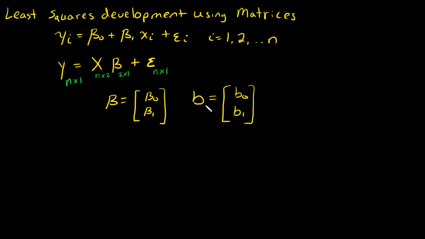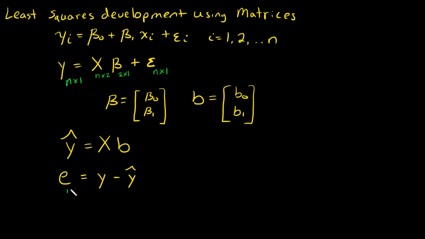But if we have b, then we can also have the predicted values of y, which is y hat, and that is going to equal X times b, our design matrix times these estimates of beta. So our residuals are e, which is y minus y hat. Remember, these are vectors now.